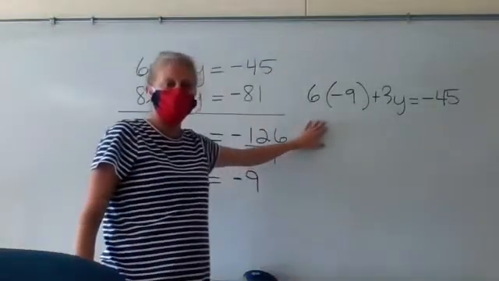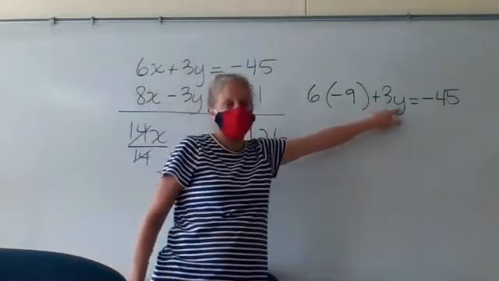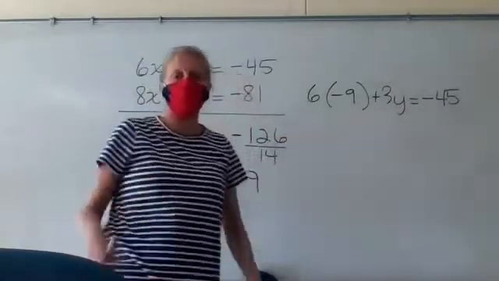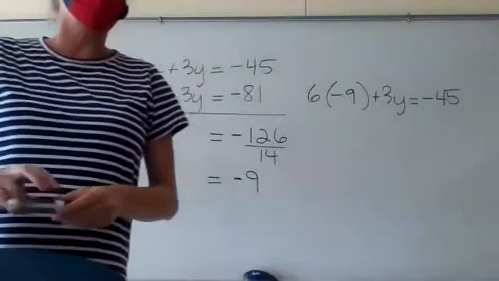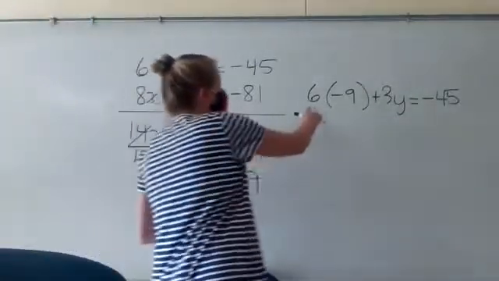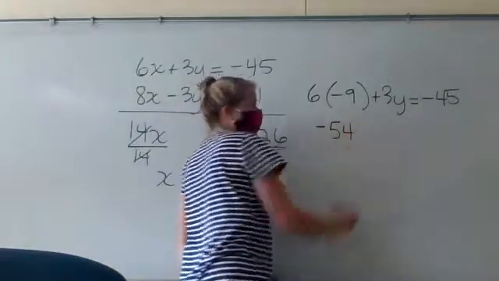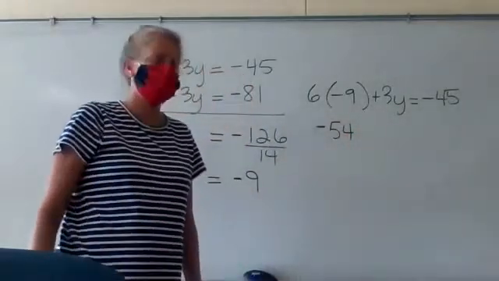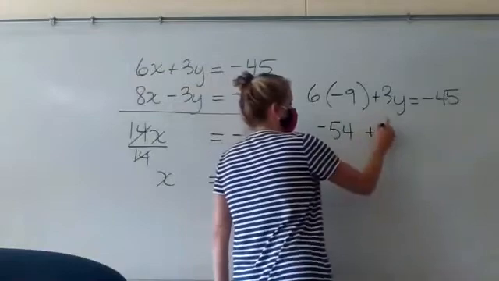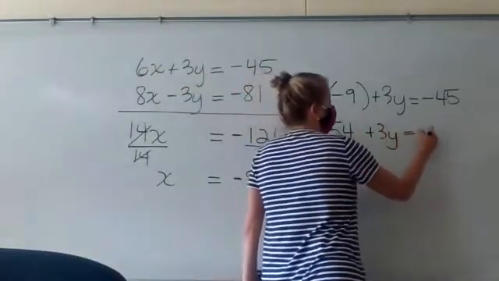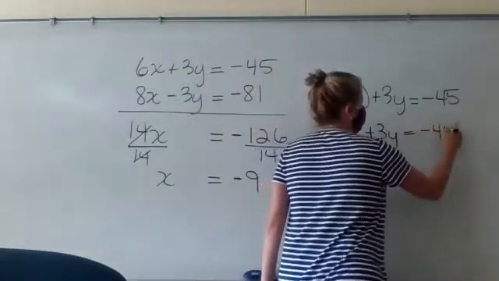Now you have an equation where the only unknown is the y, which means now I can solve this equation for y. So let's do exactly that. 6 times negative 9 gives me negative 54. Bring down my plus 3y equals negative 45.